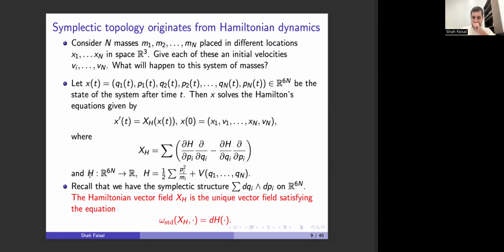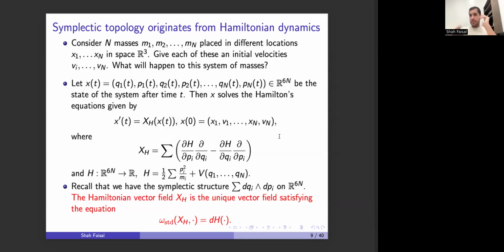If I take the differential of this function H, it gives me a one-form on the Euclidean space. As I explained, the symplectic form is non-degenerate, so there is a one-to-one correspondence between one-forms and vector fields. So dH, the differential of H, gives you a one-form, and therefore you can find a vector field that is dual to it via omega. And that vector field is basically the vector field that appears in Hamilton's equations.